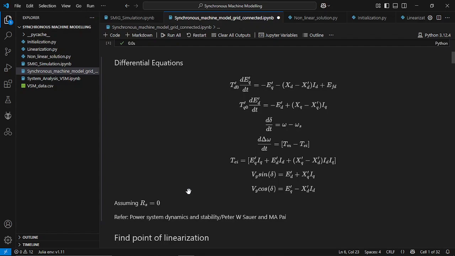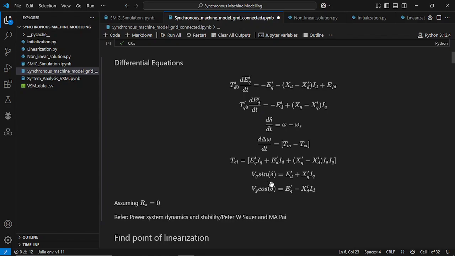This is the fourth order model of the synchronous machine, which encompasses the swing equations, the power angle equation, and the transient axis voltage equation. So this is the fourth order differential equation with three algebraic equations.